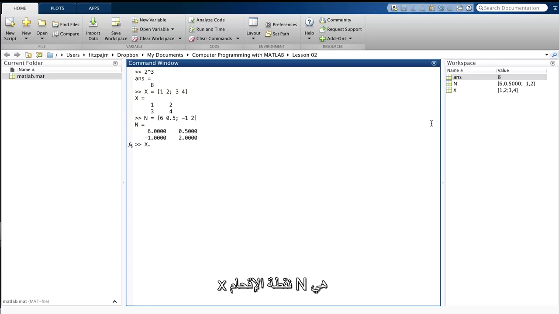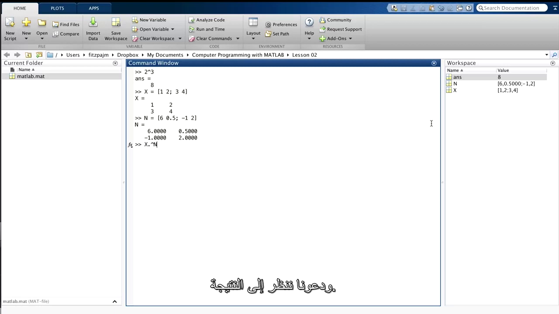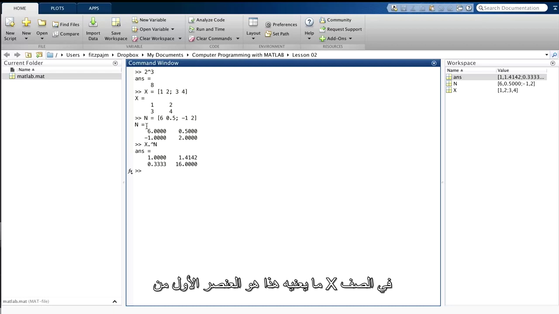X dot caret n is the array exponentiation operation. The dot means array exponentiation, just like the dot means array multiplication when we have dot star. And let's look at the result. What this means is the first element of x on the first row, 1, is raised to the first element on the first row of n.